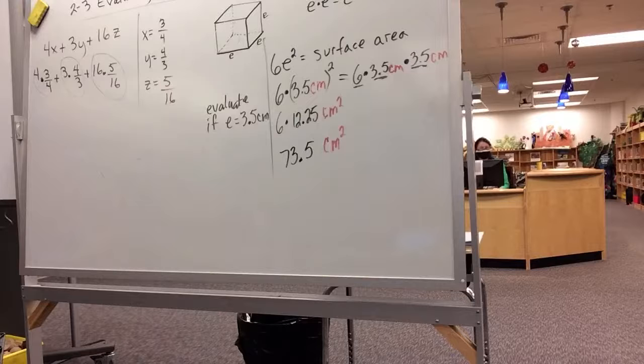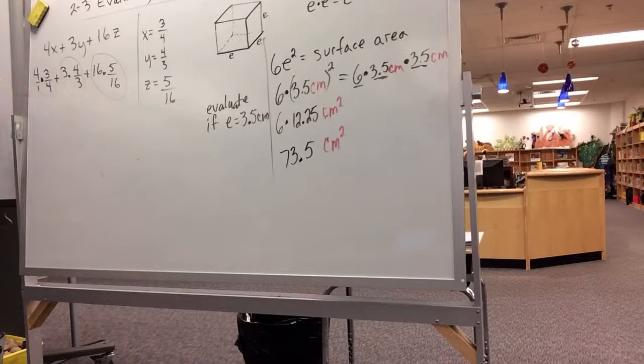So 4 times 3/4. How do we multiply this? Do 4 over 1 times 3/4. If it's multiplication of fractions, what have I asked you to look for right away? Simplification. Can you simplify this before you multiply it?